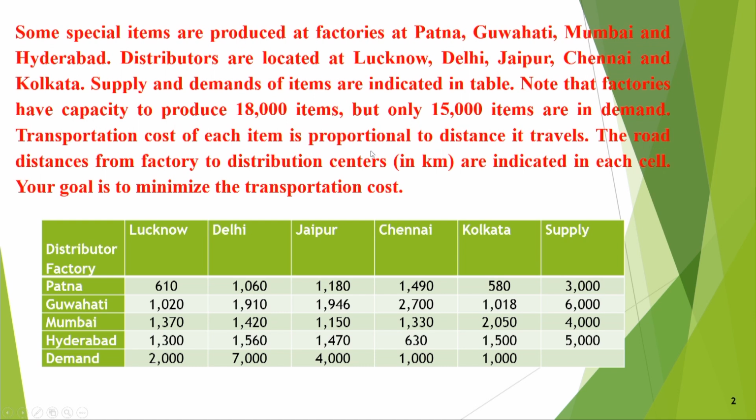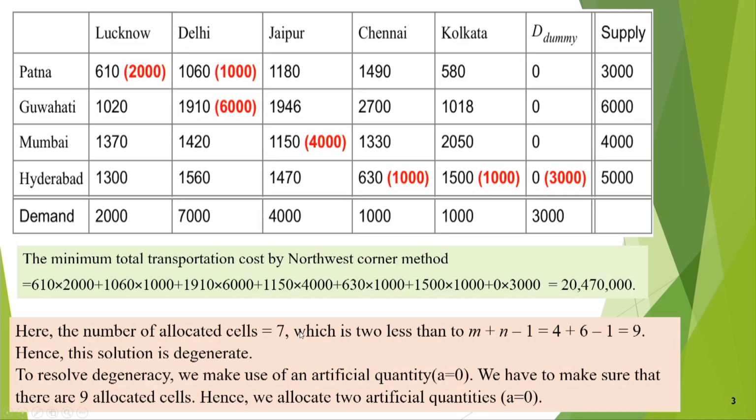Transportation cost of each item is proportional to distance it travels. That is why I have written the distance between these cities, and in kilometer, same can be considered as the cost of transportation per unit.